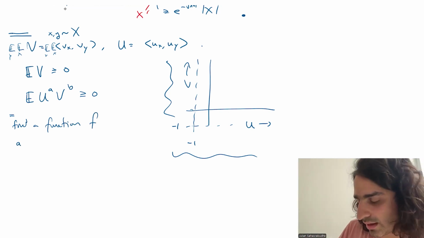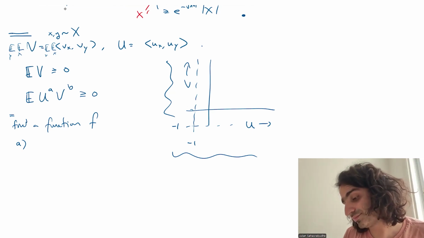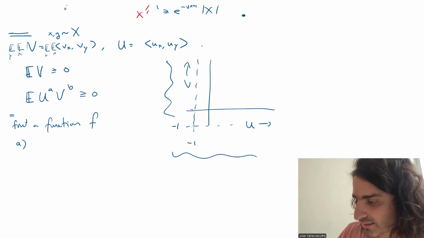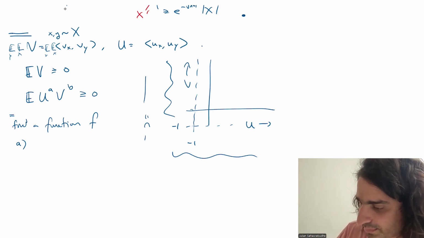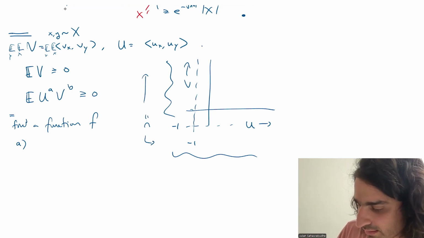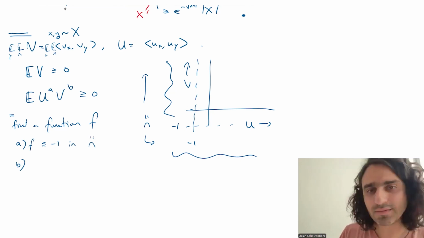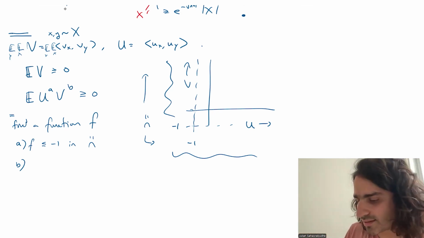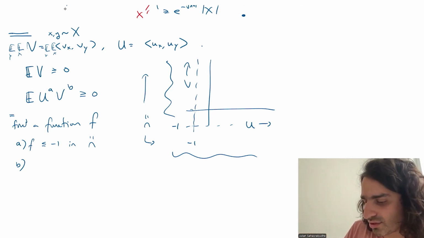A, this is my unhappy region here. I want it to be smaller than -1 in the unhappy region. It's some sort of bump function type thing. So you want f not to grow too quickly.